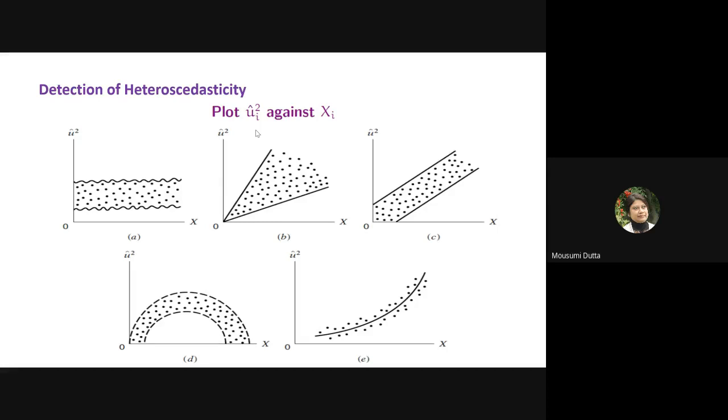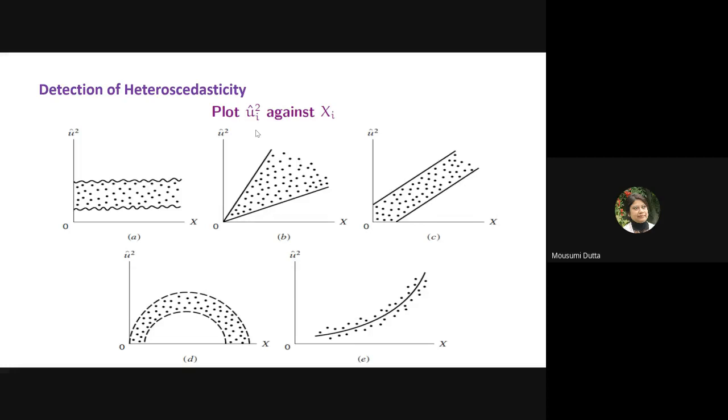If there is some kind of pattern in the graph, if it is not like any general scatter, in that case we can have a guess that the data may have the heteroscedasticity problem.